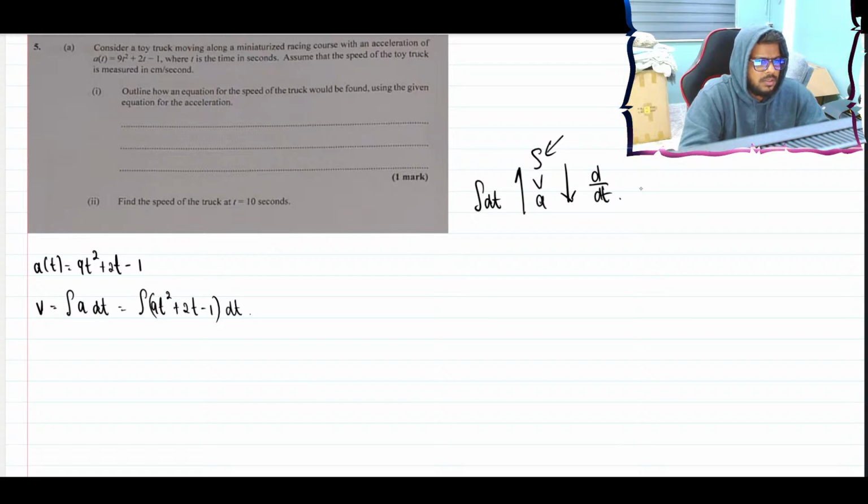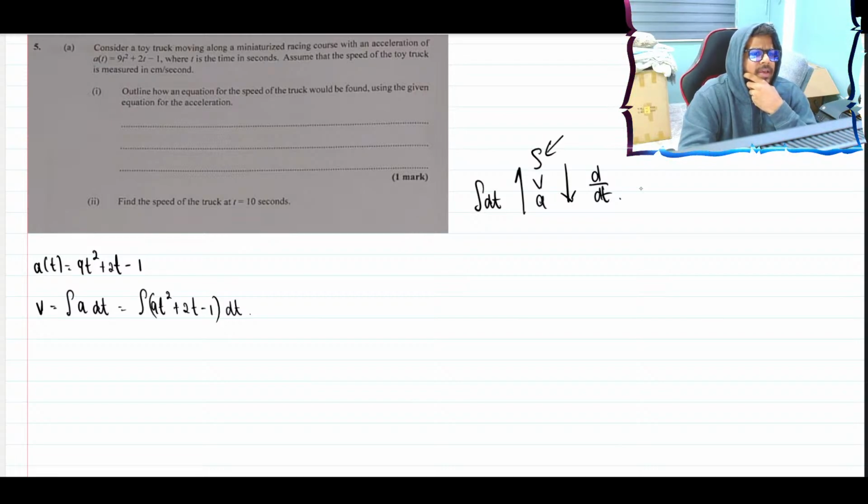Find the speed of the truck at t equals 10 seconds. They didn't give any conditions here.